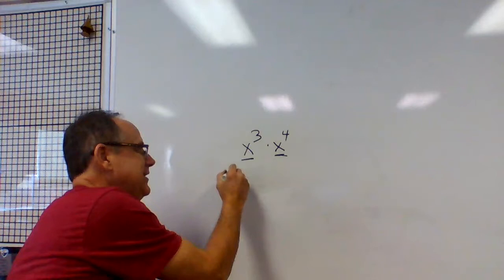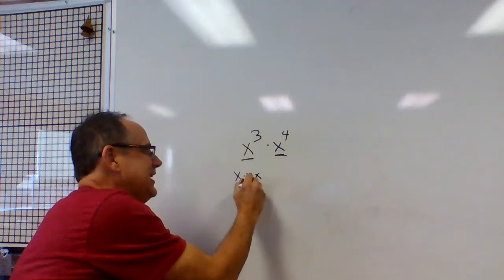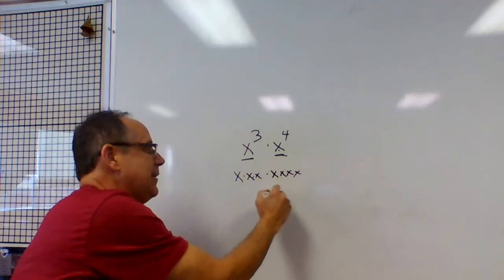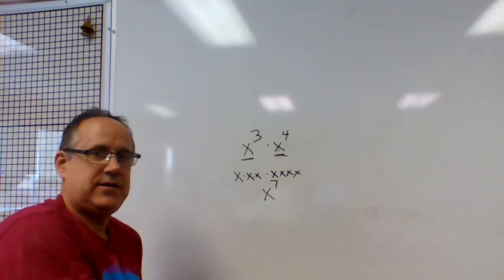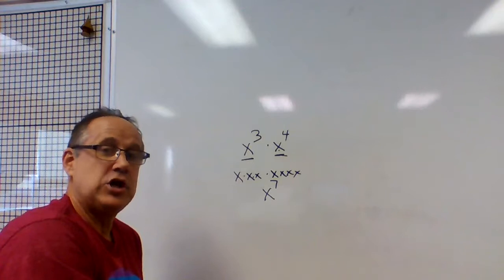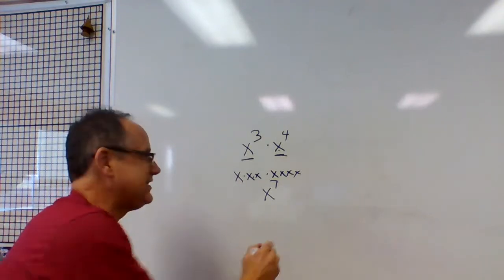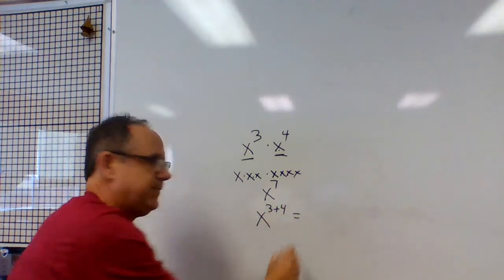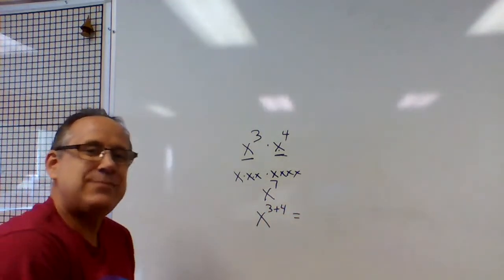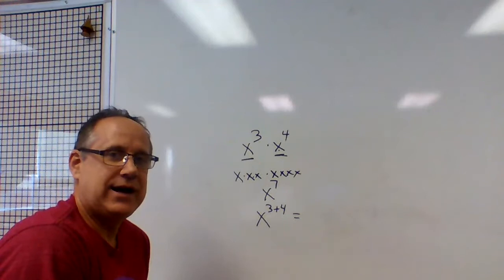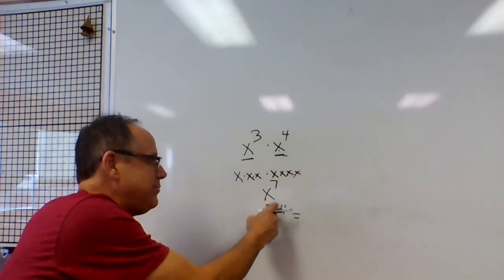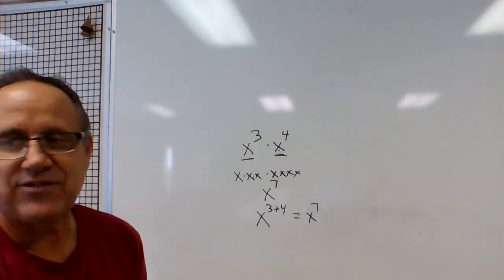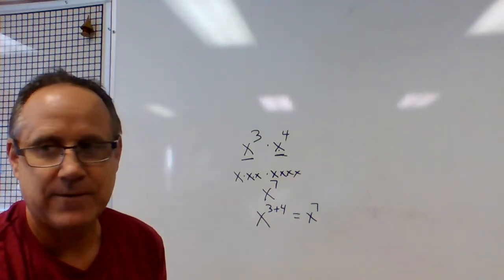This is like saying x times x times x times 4 x's. How many do I have altogether? 7. So ultimately what this is like is saying x to the 3 plus 4. So we add them together, right? X to the 3 plus 4, that would come out to the same as x to the 7, okay?